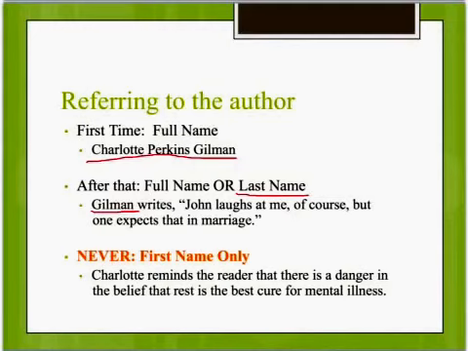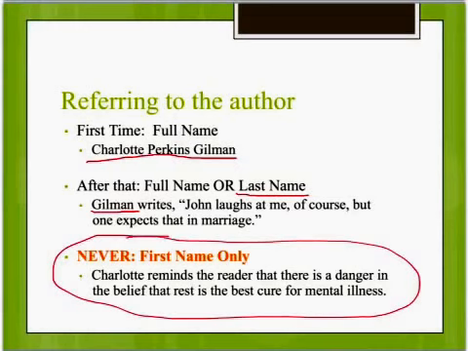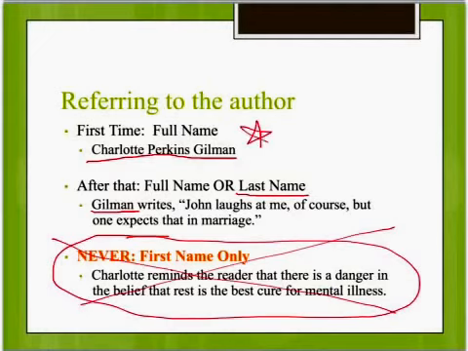What you never want, and what a lot of students do, and this is wrong, is you never use just the first name. Okay? These are not your friends. You use first names when you're talking about your friends, not when you're talking about authors. So the first time, it's the full name. After that, last name. That's the way you should remember it.